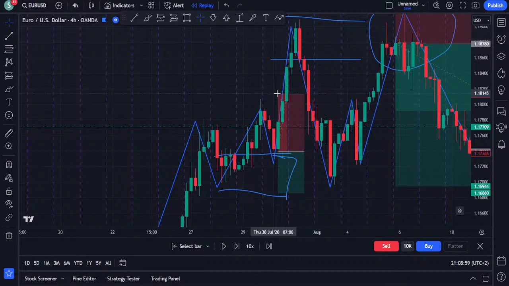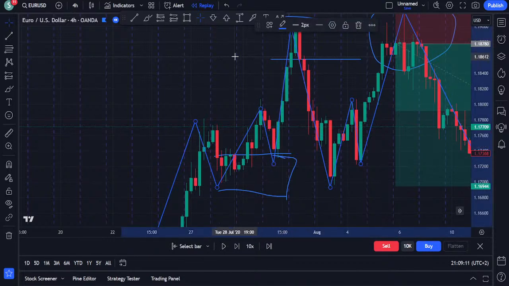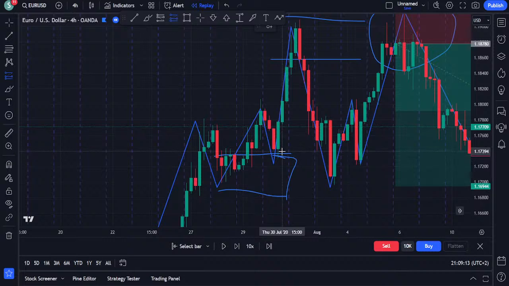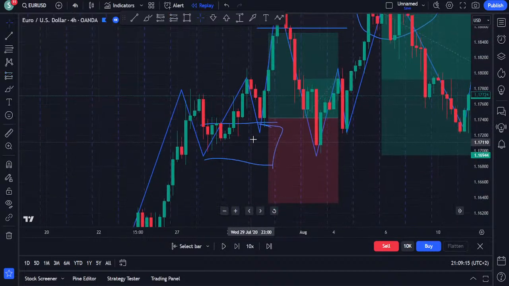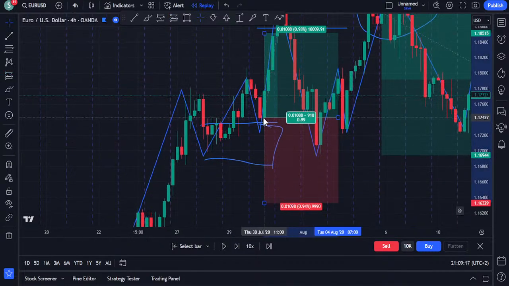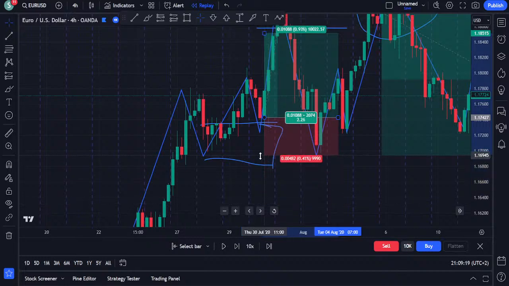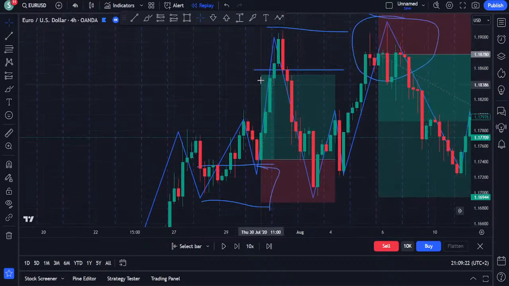And okay, we target, this is backwards. So if this is the area, here is the area. Okay, pretty much here.